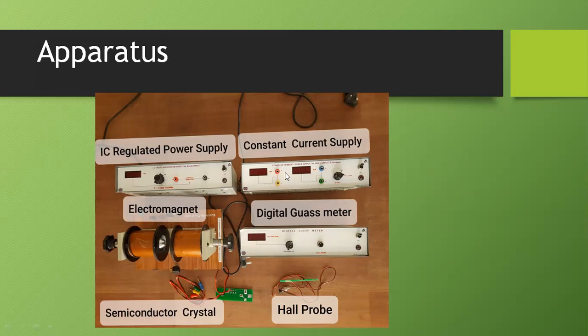And the constant current supply provides the current to a semiconductor crystal, and the digital Gauss meter is used to measure the magnetic field produced by the electromagnet. Here the Hall probe or Hall sensor is used to measure the magnetic field produced by the electromagnet.